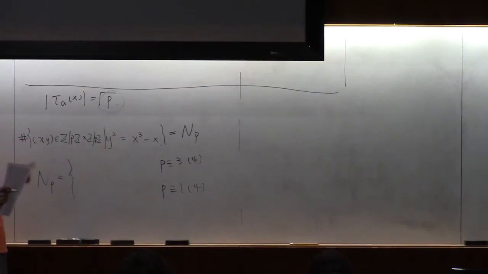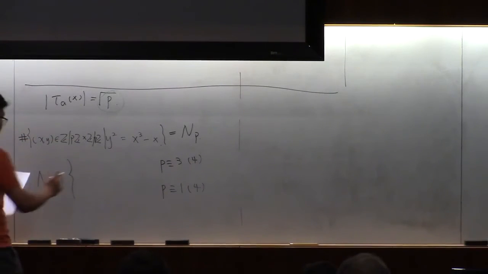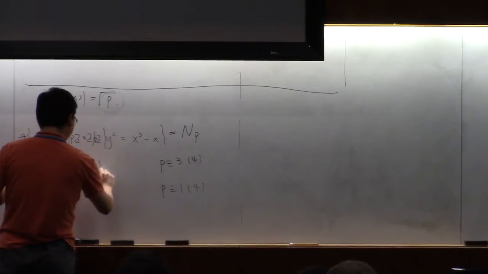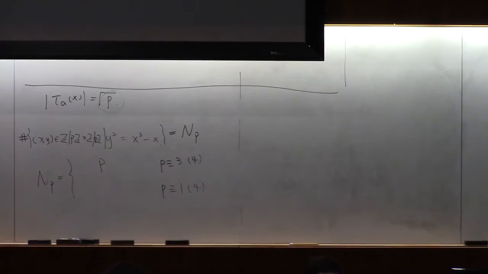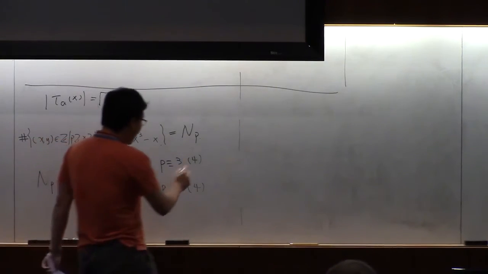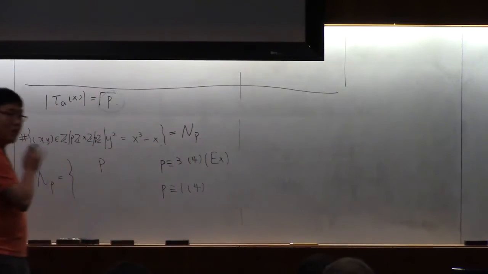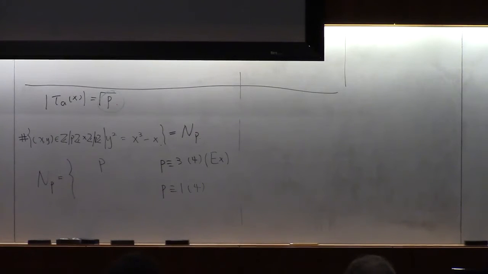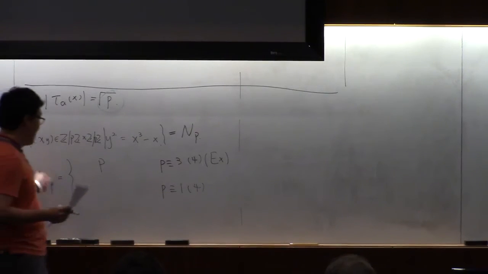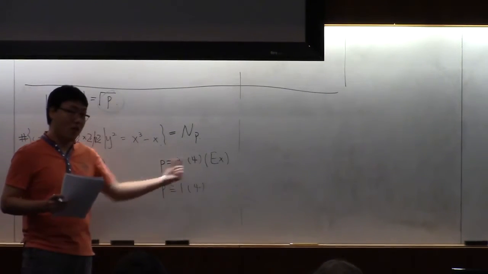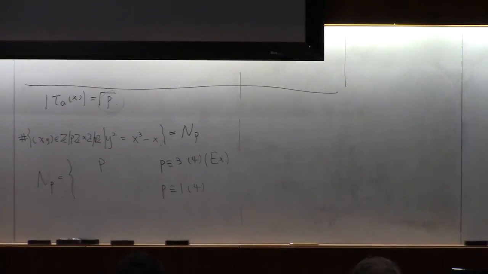In the first case, the answer is very easy. It's just p. You can try to think of this by yourself. It's just a one-sentence argument. You can show that the number of solutions is p when p is congruent to 3 mod 4. I leave it as an exercise. This is a very doable question.